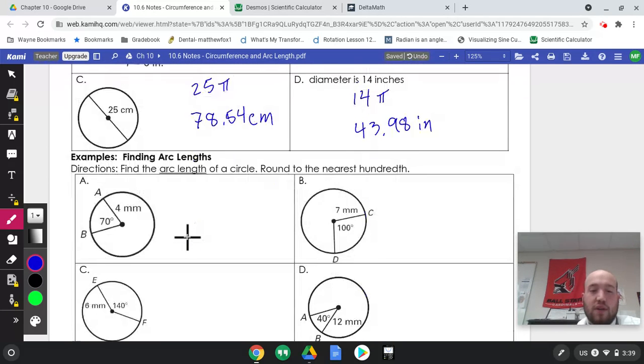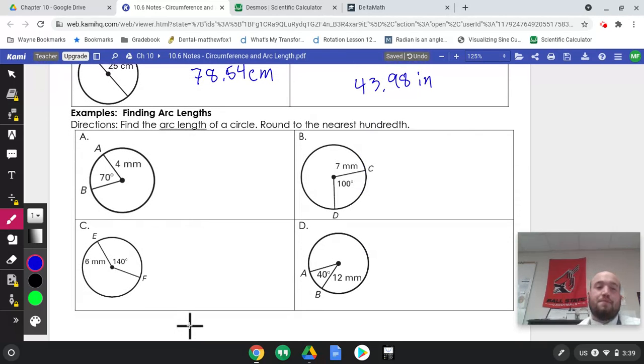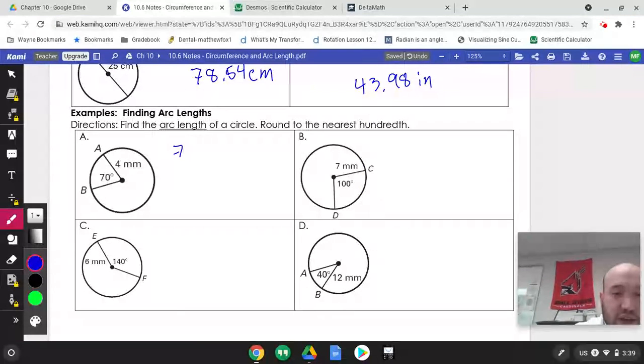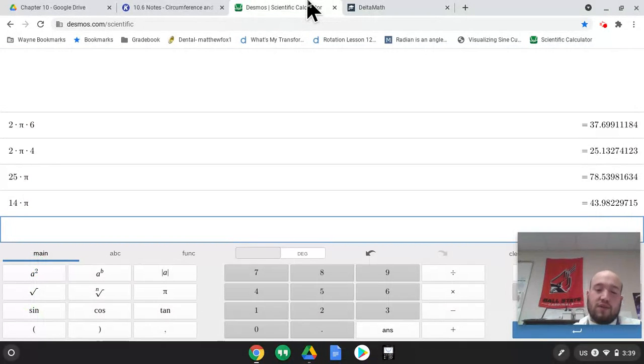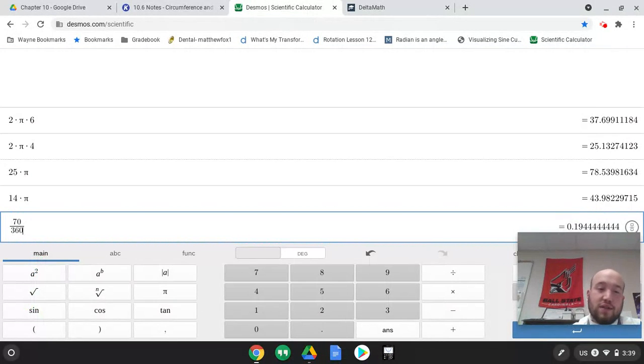Okay, so if we look here on this first one, we'll just do 70 divided by 360 times 2 times pi times our radius, which is 4. So 70 divided by 360 times 2 times pi times 4.